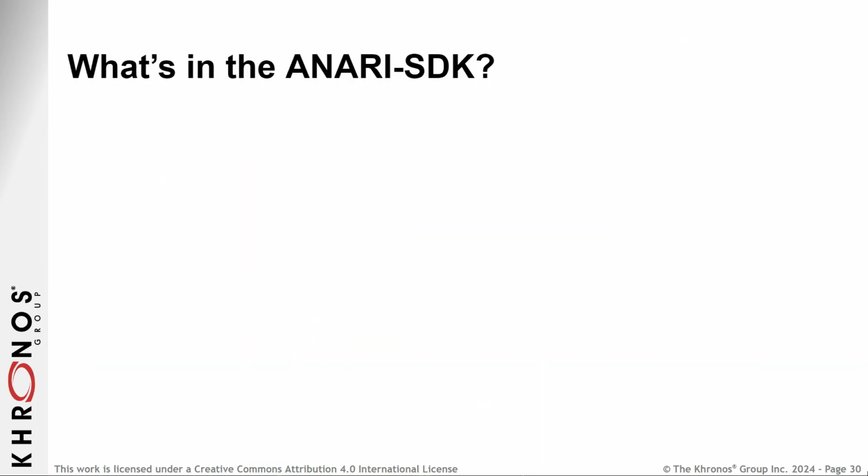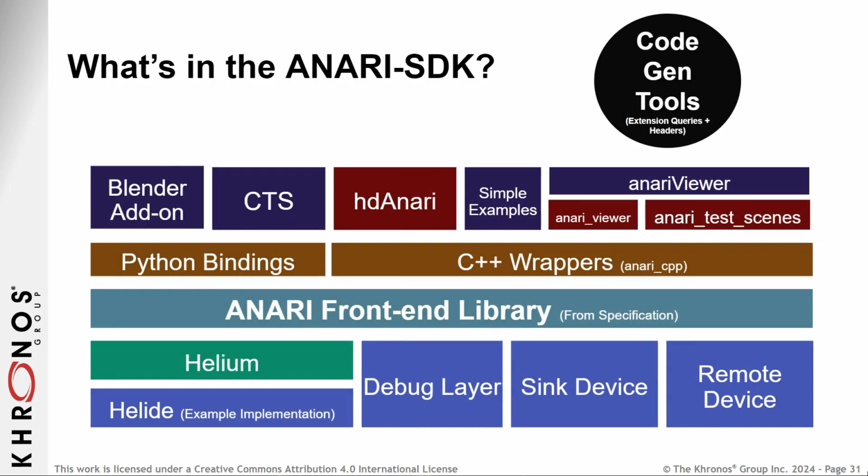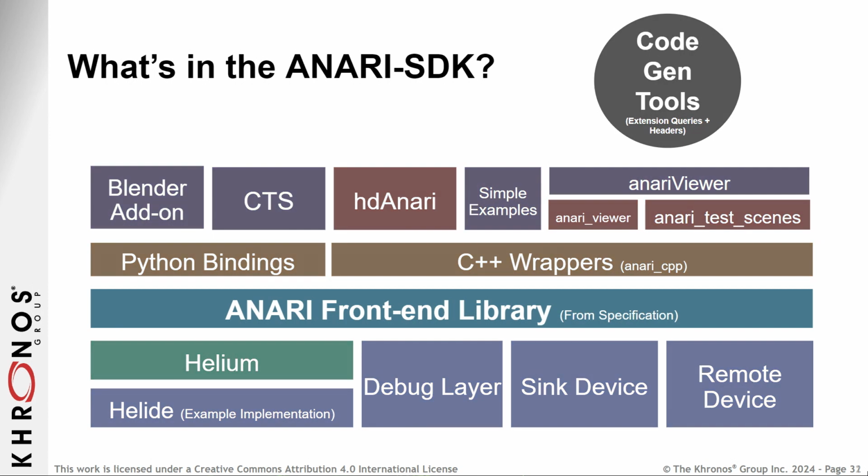So before getting into any API details, I just wanted to say, hey, what's in the Anari SDK? And there's a lot. To parse this image, I want to walk through it piece by piece for what's in there, because we decided to go with a mono repo approach for all of these tools. At the end of the day, the thing that you're really here for is the front-end library.